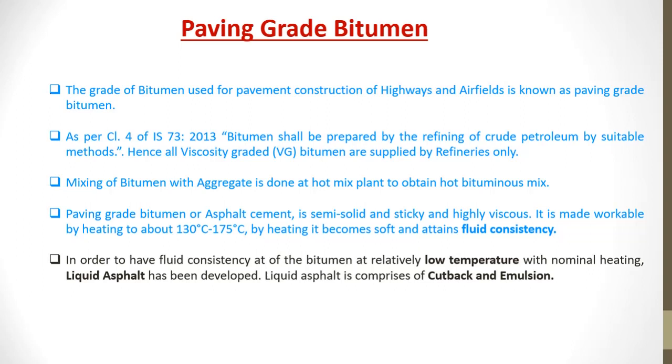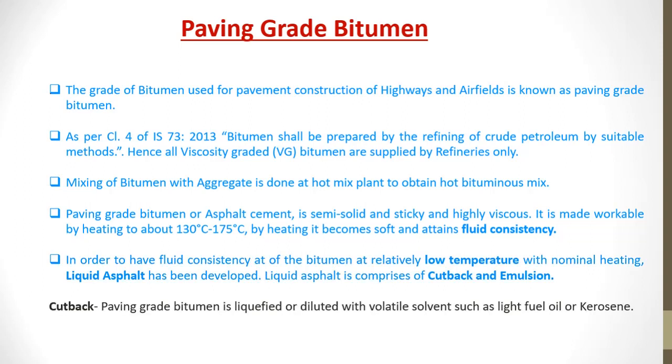As you see, paving grade bitumen requires this high amount of heat, 130 to 175 degrees Celsius, so it requires huge energy. So we looked for something so that paving grade bitumen can be used at low temperature with just nominal heating. For that, liquid asphalt was developed. This liquid asphalt comprises cutback and bitumen emulsion.